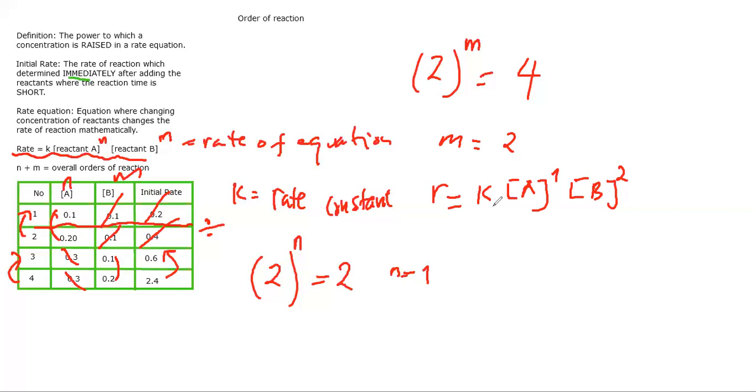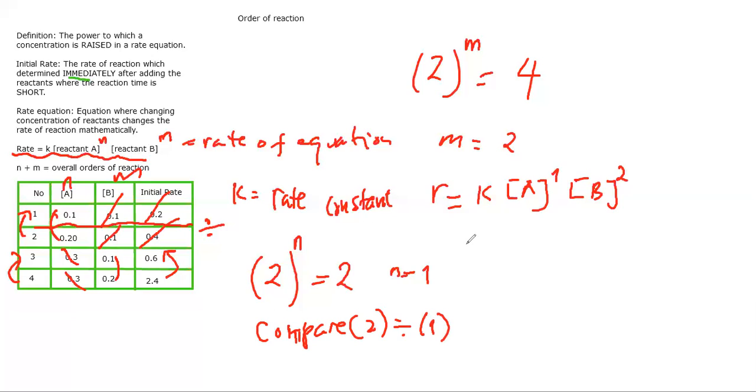The keyword is that if you wish to determine the order of A, you need to find where the concentration of B is constant. So which one is constant? You compare experiment number 2 divided by experiment number 1.